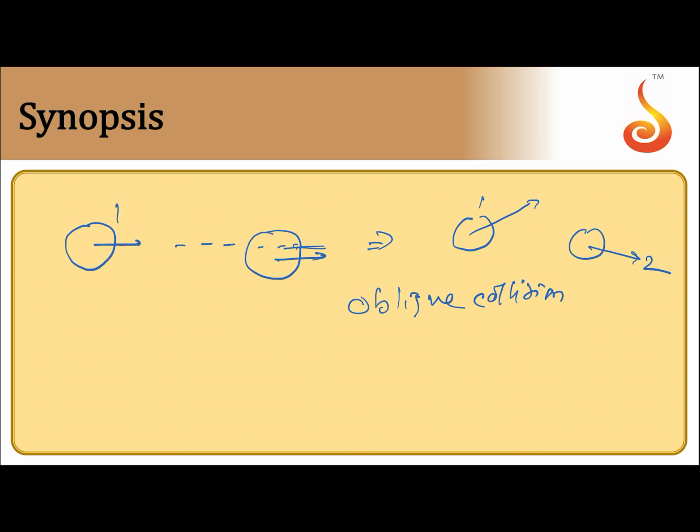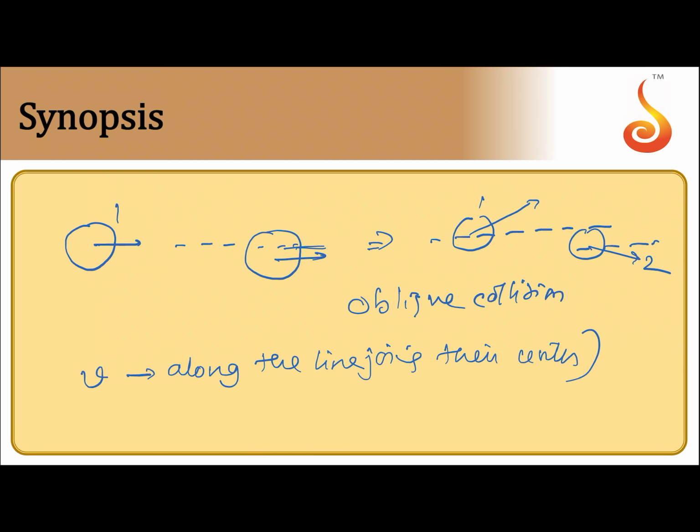So you may notice that in order that the collision is head-on, the velocities must be along the line joining their centers. Collision is head-on if their velocities are along the line joining their centers before and after the collision.